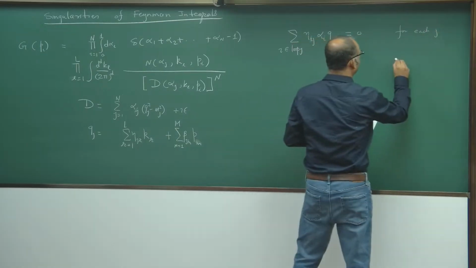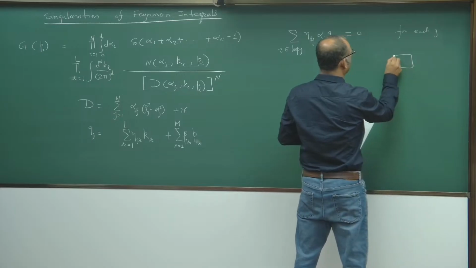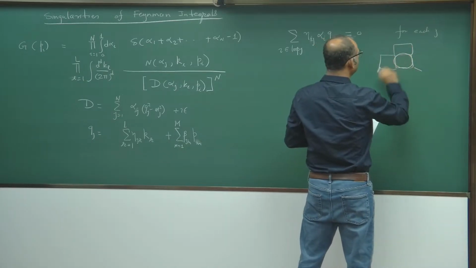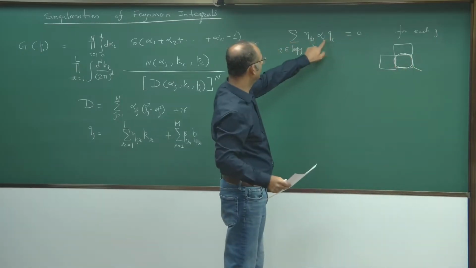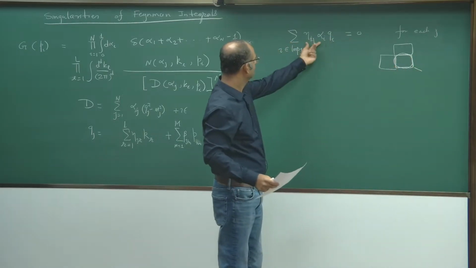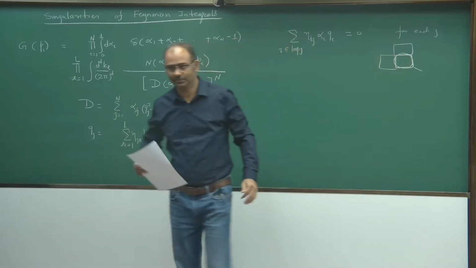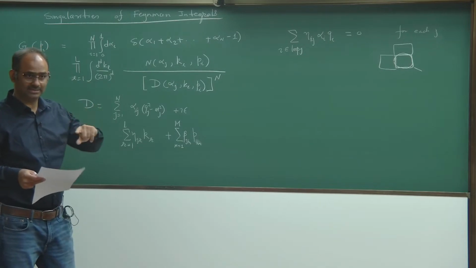So if you have some loop here, there are other things happening. If you are looking at this loop J, you have to sum over all these lines, take the q_i's, multiply with the corresponding alpha_i, take care of eta_ij, and that should add up to 0. That's the condition we had on the k's.